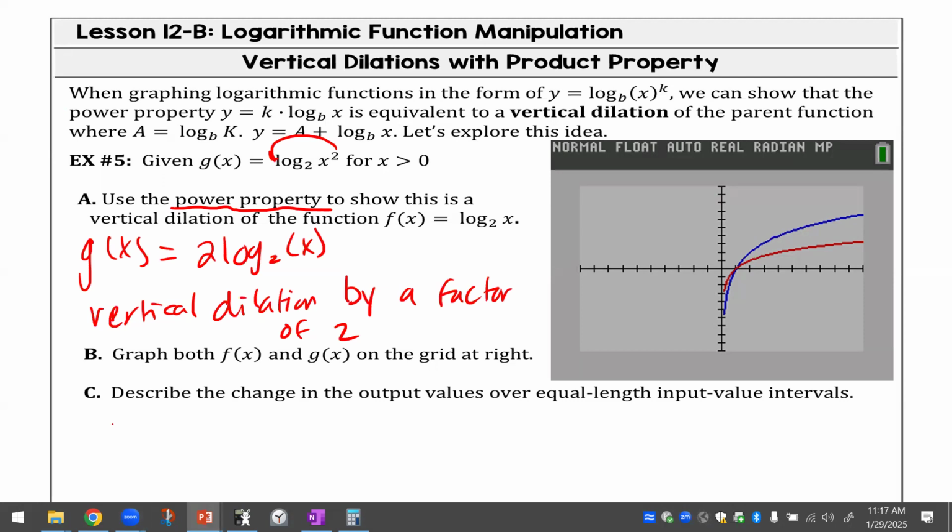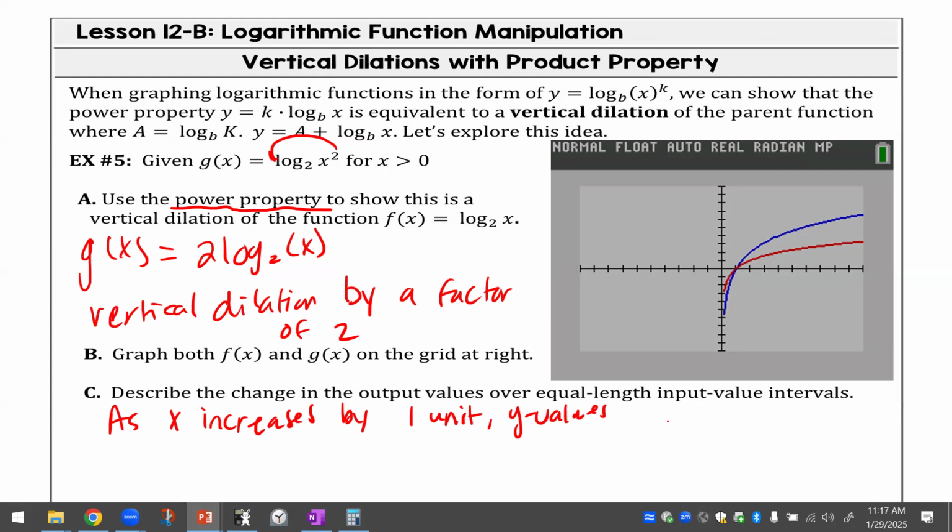So as x increases by 1 unit, the y values in this case, I'm just going to say our vertical dilation.